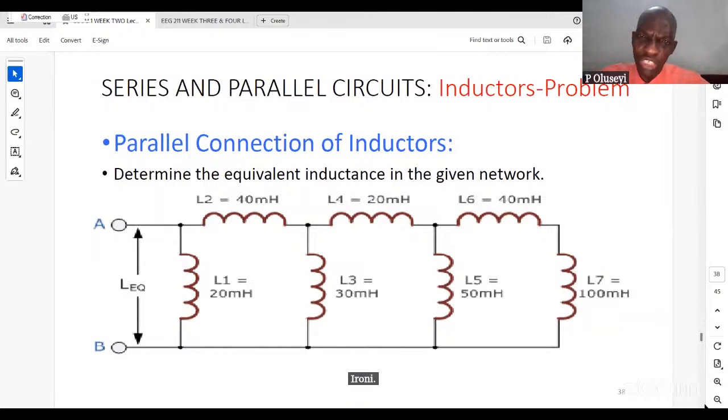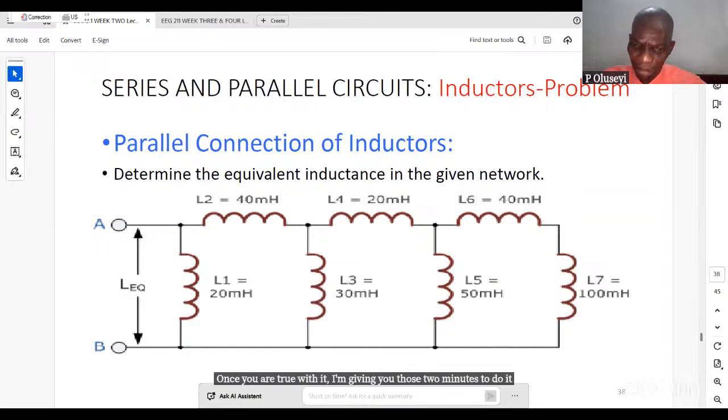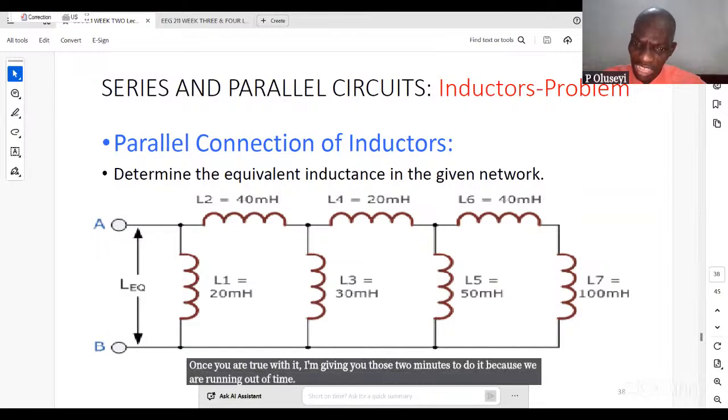So if I give you this kind of problem, and I say, get me the L equivalent, can somebody quickly do this for me? Once you are through with it, I'm giving you just 2 minutes to do it because we are running out of time. We have not even started today's lecture.